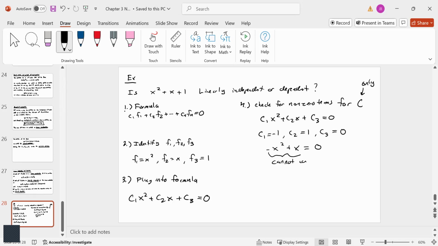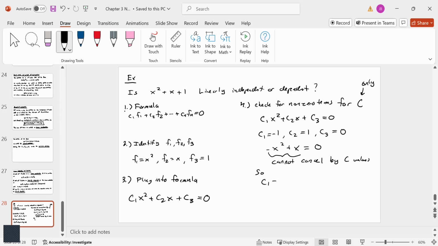These cannot cancel. Now, I know what some people might be thinking. Well, what if I just set x equal to 0? But again, I don't care what x is. This is independent of x. We have to make sure that we're doing it from a coefficient perspective, by C values.